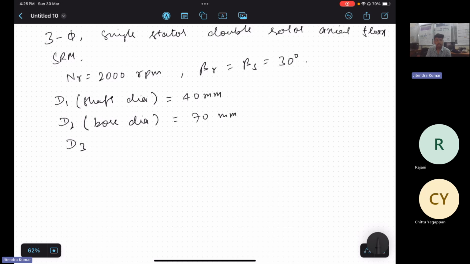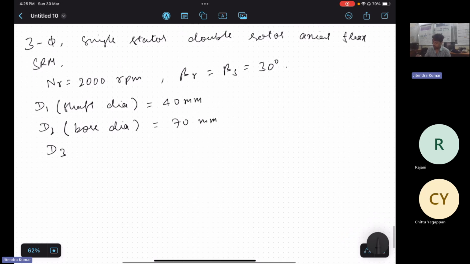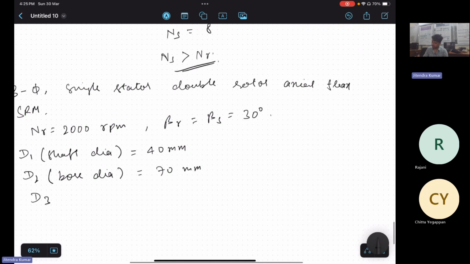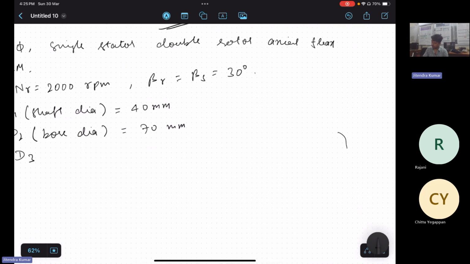D3 is the length up to where the stator yoke is starting, from the center to here.